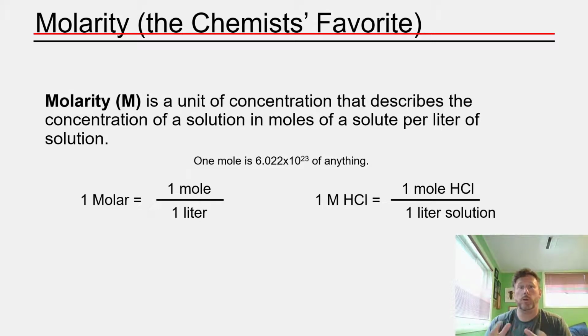Recall that 1 mole is Avogadro's number of anything, and so if you're looking at how this derived concentration unit is constructed, 1 molar, which is how you say the unit molarity, is 1 mole of the solute per liter. The general way we've learned to write molarity as a concentration unit more explicitly in general chemistry was to say a mole per liter.